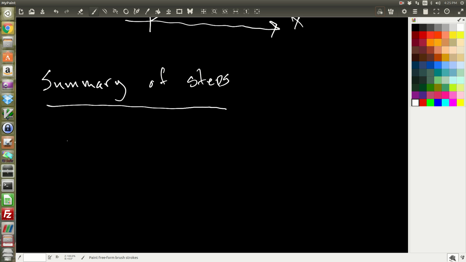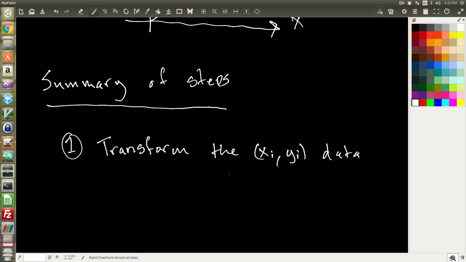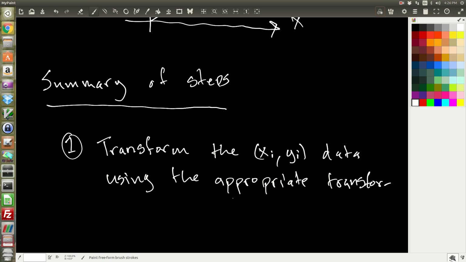Alright, so first step in linearization is to transform the xi, yi data using the appropriate transformation for your nonlinear model.